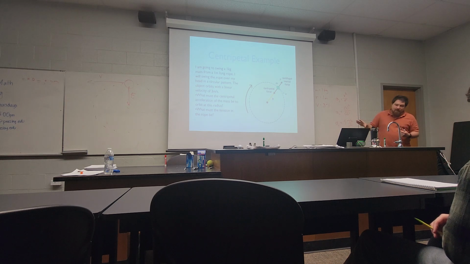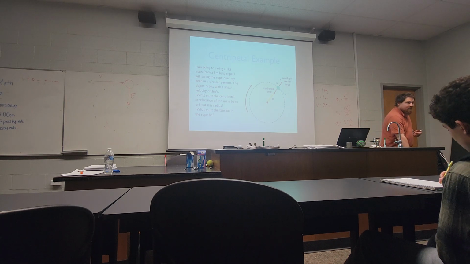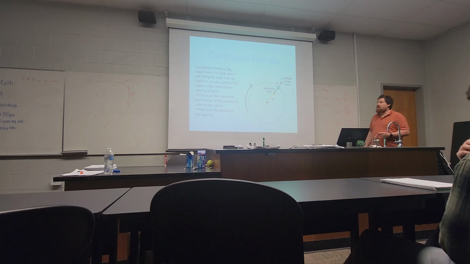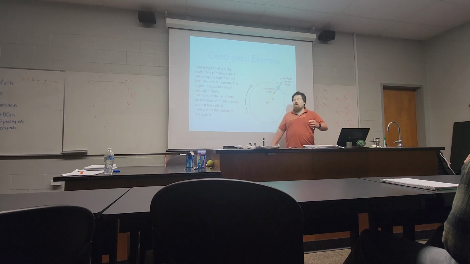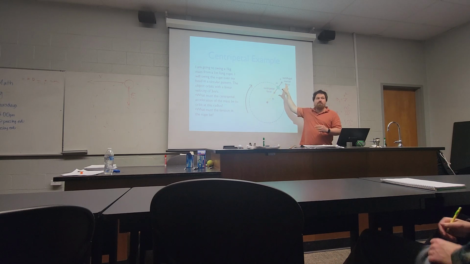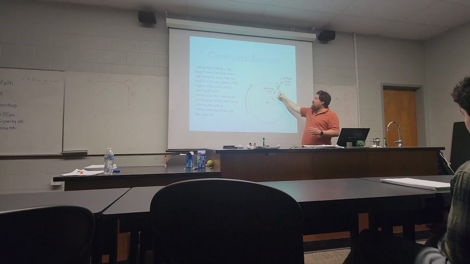All right. Now, this centripetal acceleration is being caused by a centripetal force. All motion like this is due to a force making it happen. Because again, this thing wants to move in a straight line. There has to be a force making it behave this way.